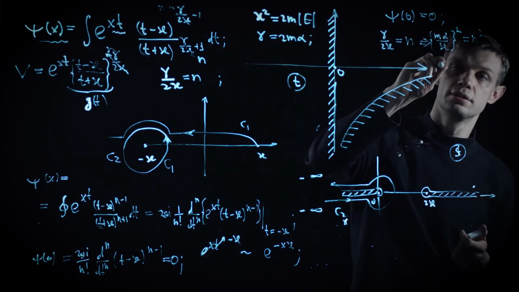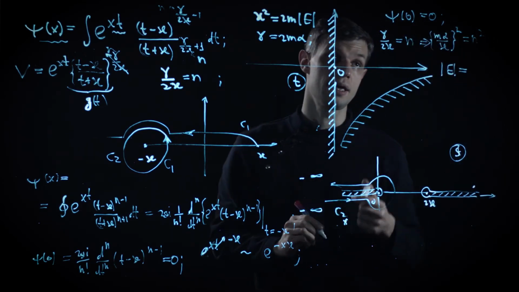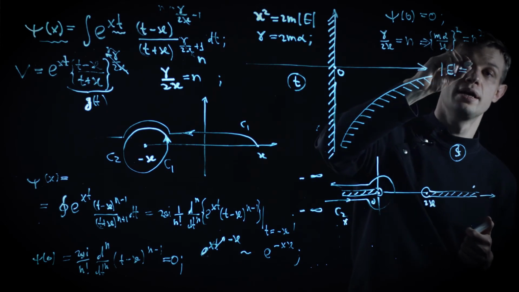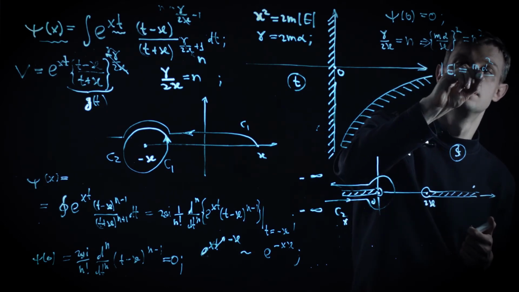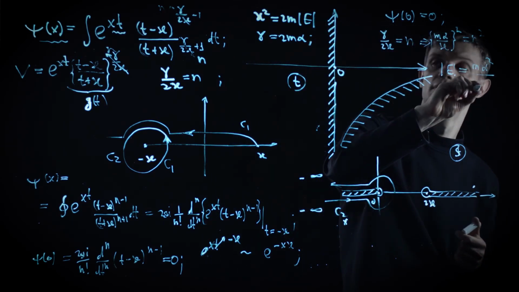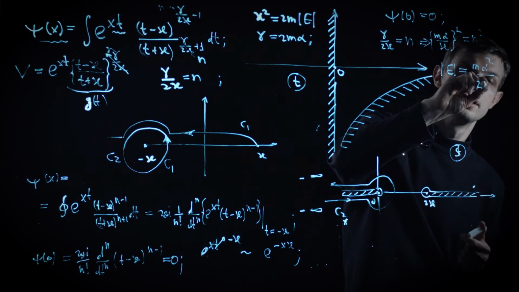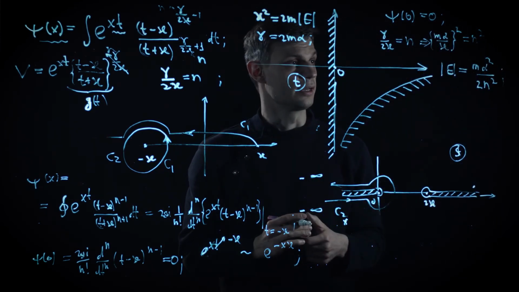So the modulus of energy is equal to m alpha squared divided by 2 n squared. Well, I hope I didn't miss anything.